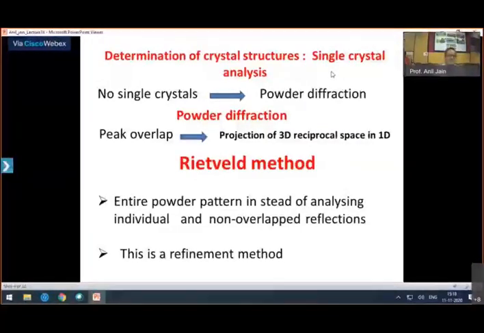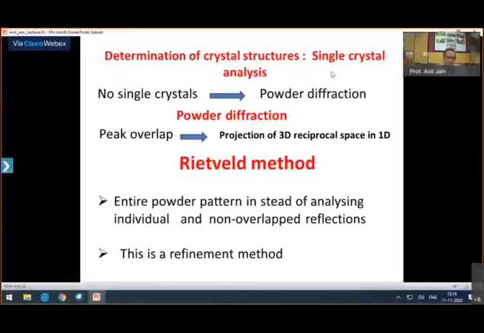So you calculate the intensity of the entire powder pattern, let's say intensity as a function of Q or 2 theta, and you try to match this entire calculated pattern to the observed pattern. Now you try to minimize the weighted difference between the calculated and observed pattern. So this is the refinement method, and by using this method, you can get a significant amount of information about your sample.